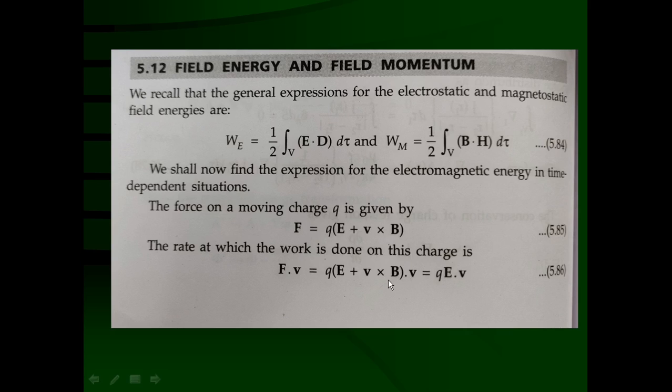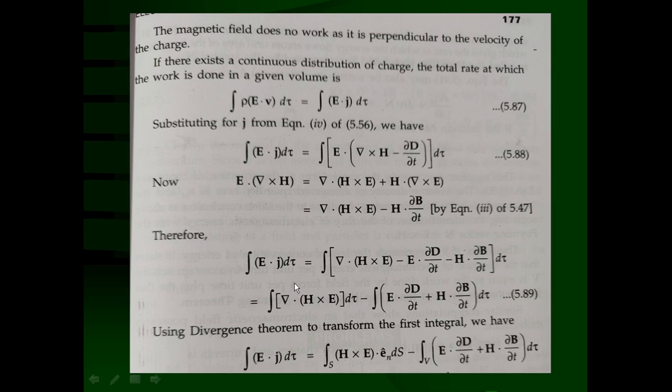So the magnetic field does no work on the charge q, and hence the magnetic force term is going to be 0. That means F dot v is equal to q E dot v. This indicates the rate at which work is done on the charge q moving with velocity v in the electromagnetic fields; the magnetic field does no work as the force is perpendicular to the velocity of the charge.